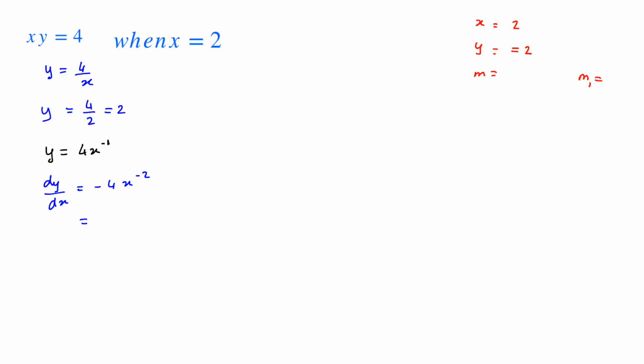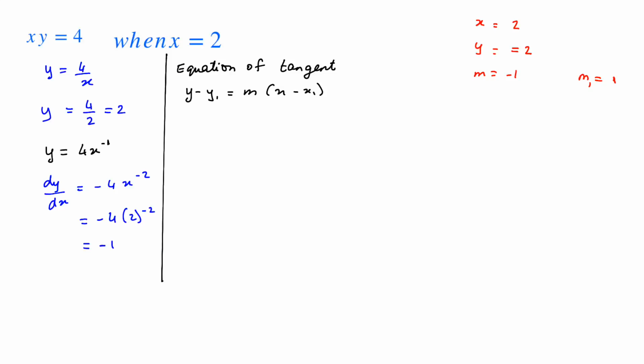In place of x, substitute your x value, which is 2. Your gradient is negative 1. Therefore, the gradient of the normal will be 1 because we changed the sign, and negative 1 when you flip over, you get 1.